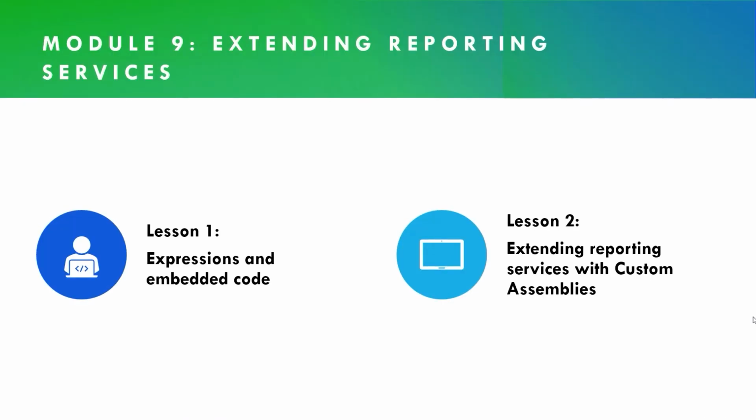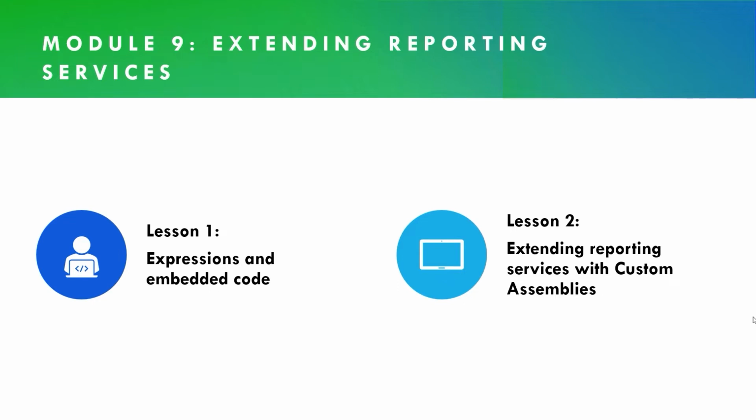Although reporting services is a powerful tool, its built-in capabilities might not always meet your needs. This module covers the methods for extending the functionality of reporting services with expressions and custom code. You'll also learn about the methods for working with reporting services programmatically by creating custom assemblies using Visual Basic code.